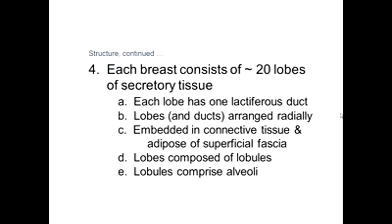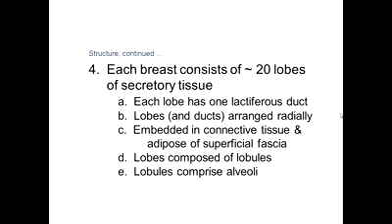Each breast consists of approximately 20 lobes of glandular tissue. Each lobe has one lactiferous duct. Lobes and ducts are arranged radially and embedded in the connective tissue and adipose tissue of the superficial fascia. Lobes are composed of lobules, and lobules comprise alveoli.